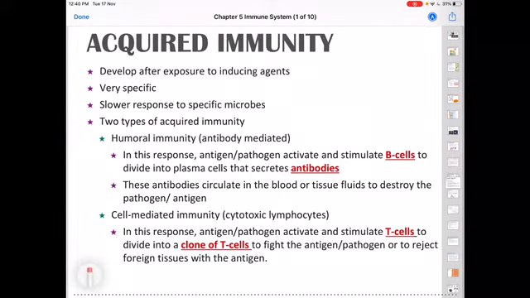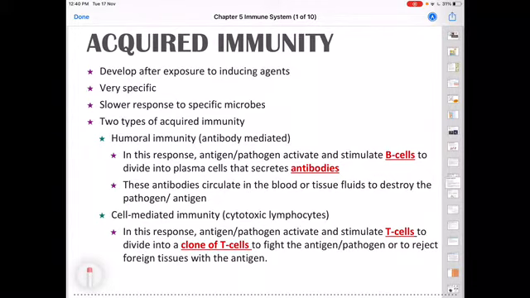Okay, before we start, you must know how we get this acquired immunity. This acquired immunity will develop after exposure to an inducing agent. When we are exposed to the pathogen or the disease, our body will develop the acquired immunity, or the adaptive immunity.